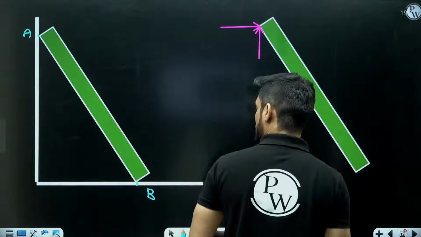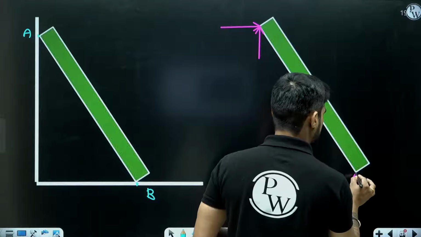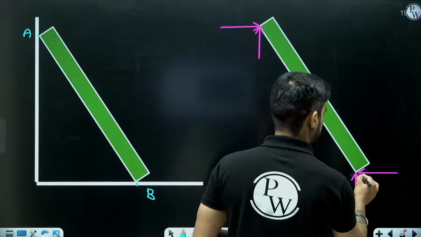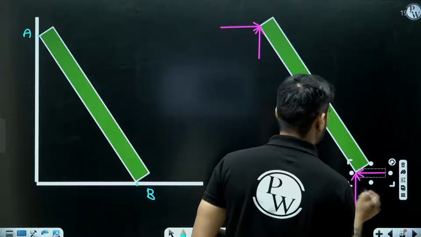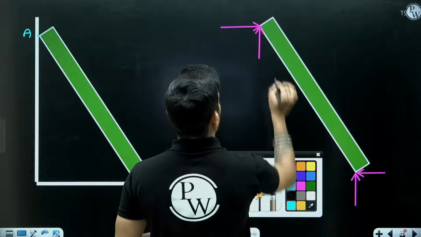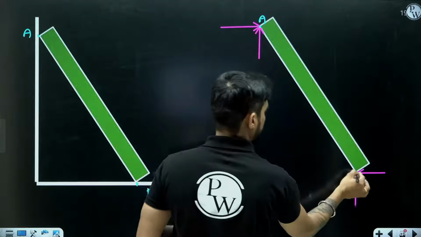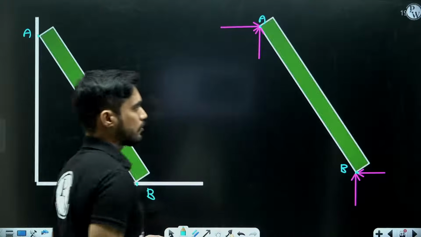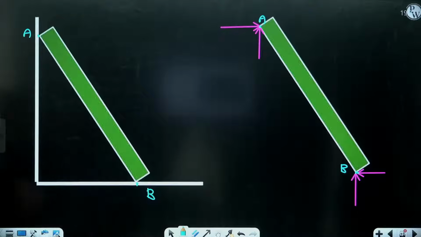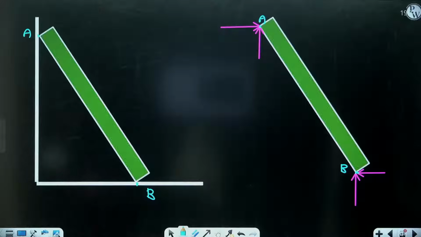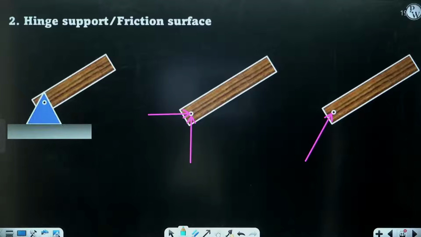Similarly at point B, we will have a normal reaction and a friction force. So here we are getting two forces, right? We are getting two forces just like the hinge support. So this is also a support of the same category, the second category.